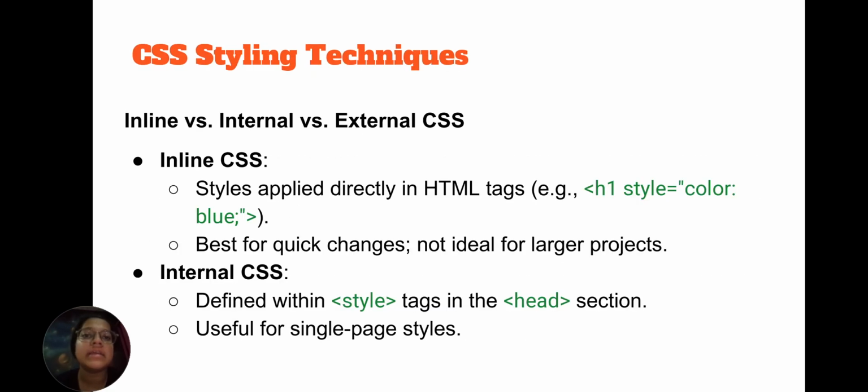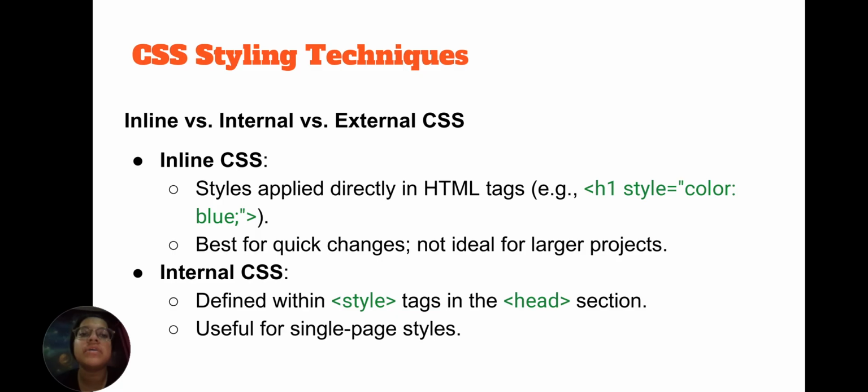CSS styling techniques: inline versus internal versus external CSS. Inline CSS is a style applied directly in HTML, for example h1 style equals color blue; best for quick changes, not ideal for large projects.